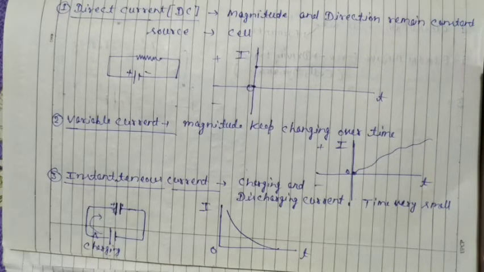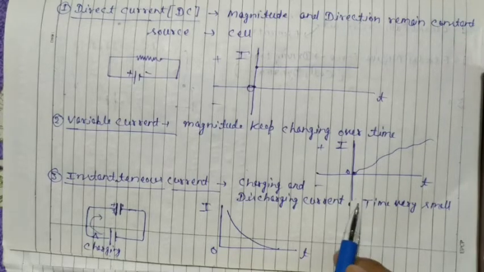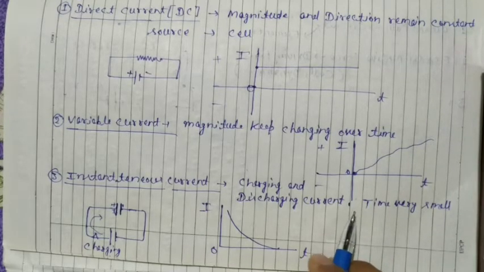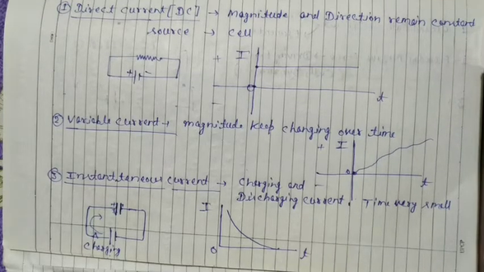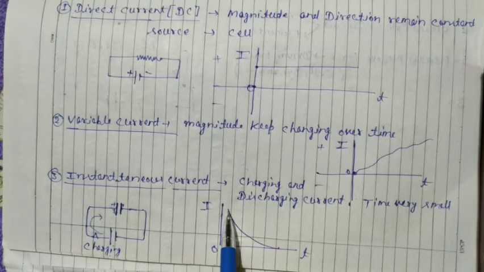How much is that time? The time is very small, and if we make a graph of it, we find that current is like this. Initially, with the time, the current is very high.